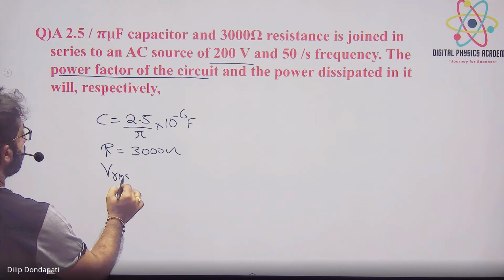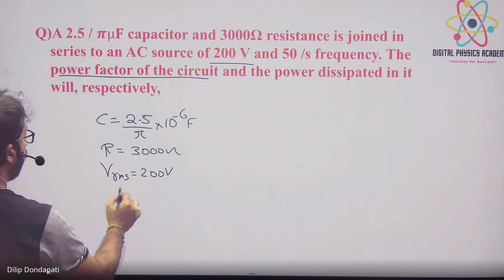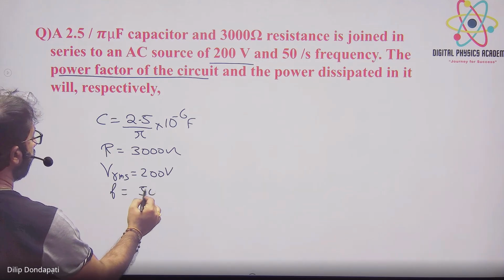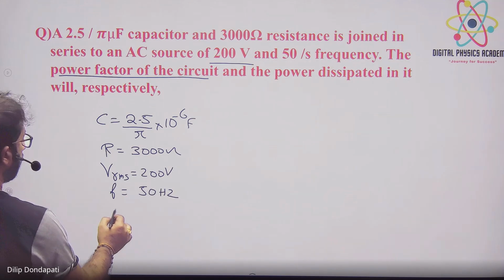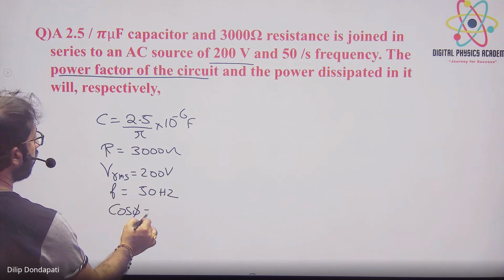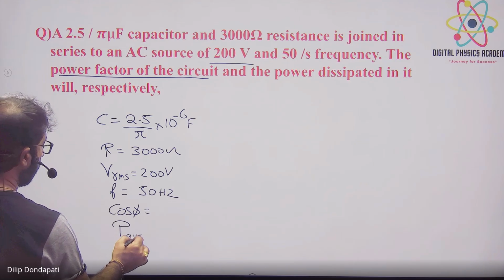So VRMS is equal to 200 volts. Frequency they have given as 50 hertz. Asking what is the cos phi value, and power dissipated is how much? Average power is how much?